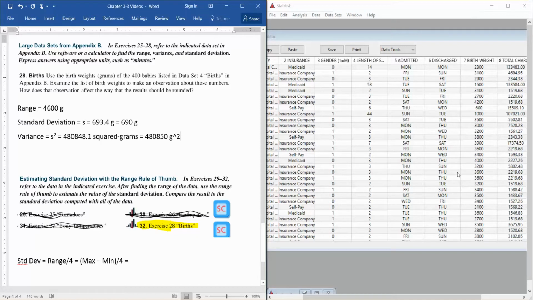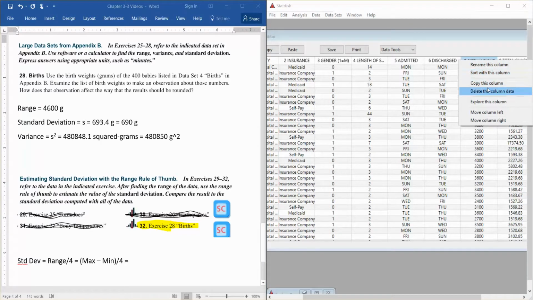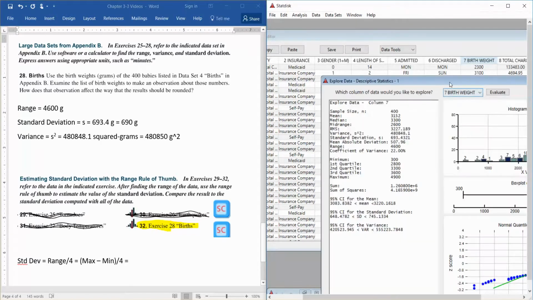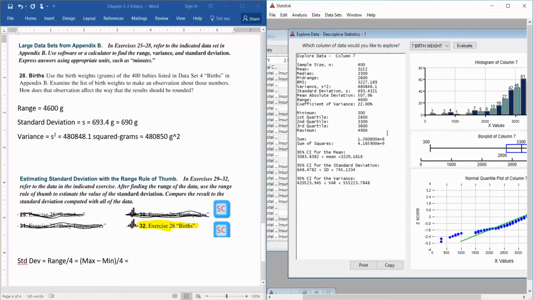Now for question 32, they want us to use the range rule of thumb to estimate the standard deviation. Well, I could sort this to find the minimum and maximum, but if I bring up our descriptive statistics, we do have the maximum and minimum listed down in this section.